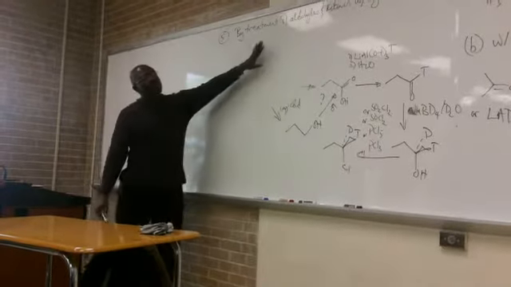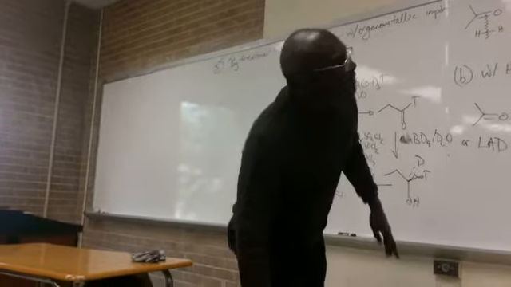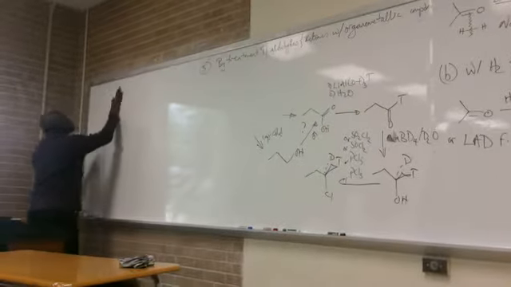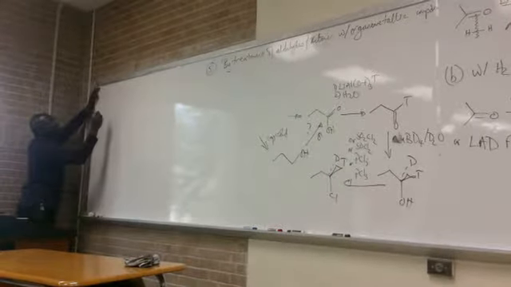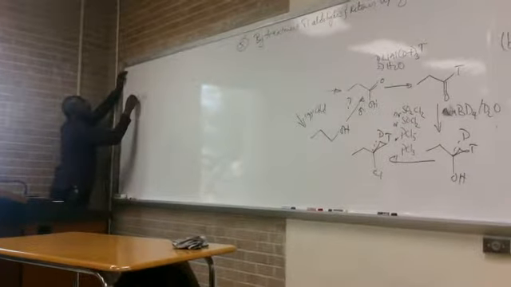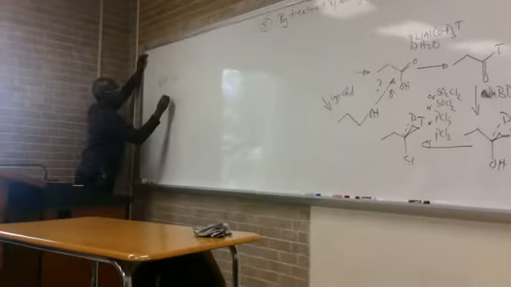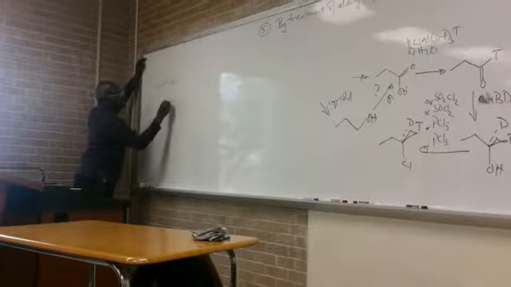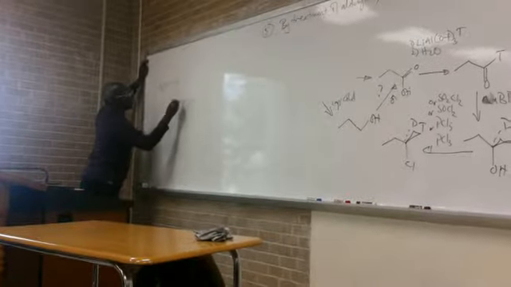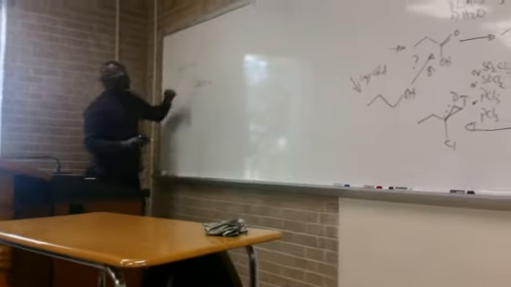Treatment of aldehydes and ketones with organometallics. This is virtually identical to what we had done with the hydride donors. If you recall, we said they had metal hydrides that would attack a carbonyl group, and it would attack from the top and from the bottom.